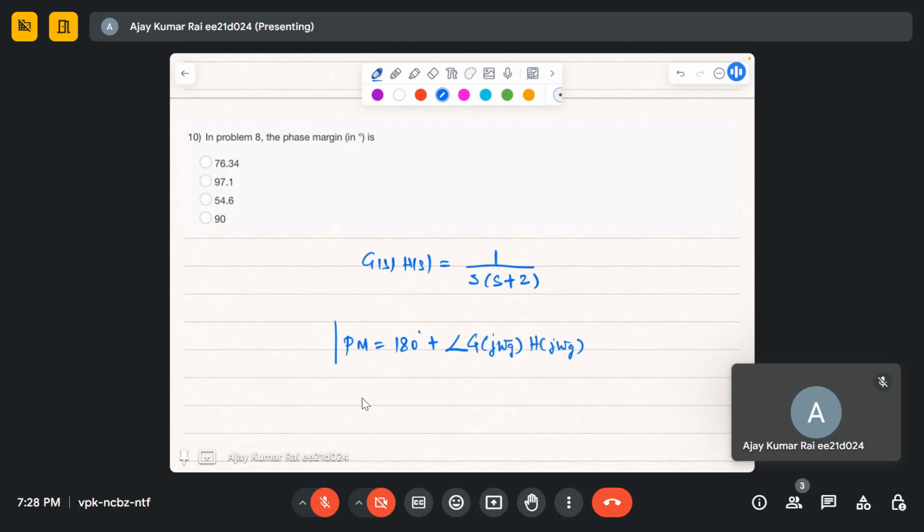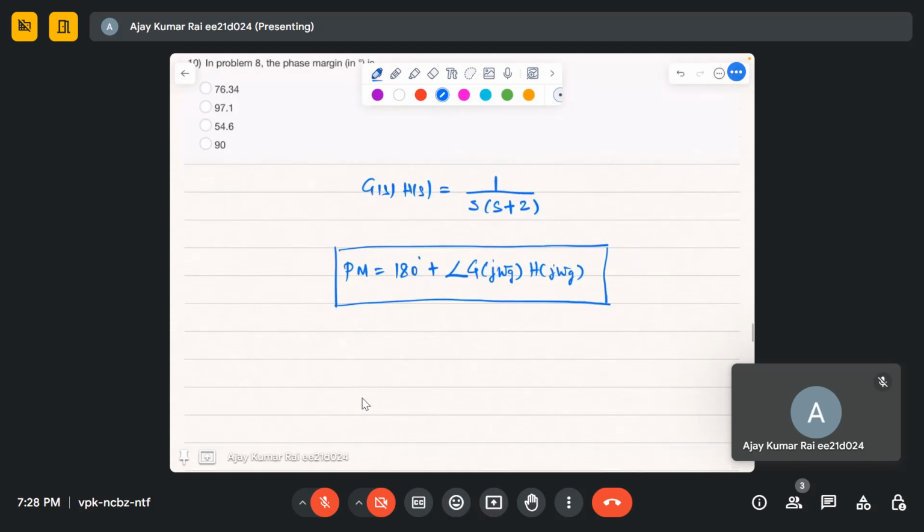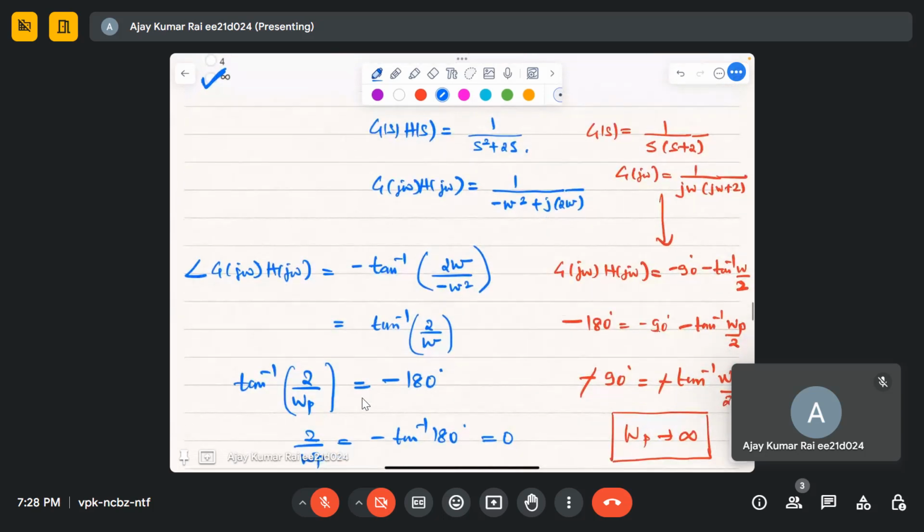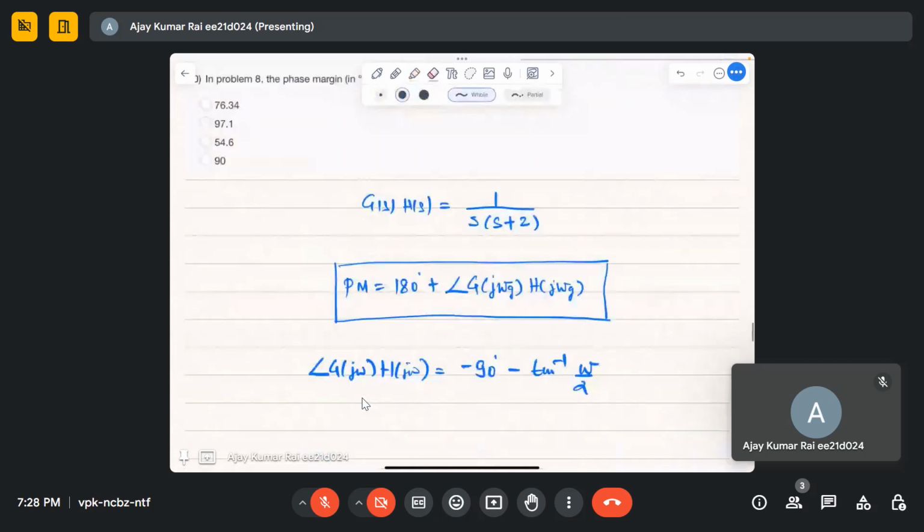This is the definition of phase margin. So first, let me find the phase. It is equal to minus 90 degrees minus tan inverse of omega by 2, which we found in the previous question.